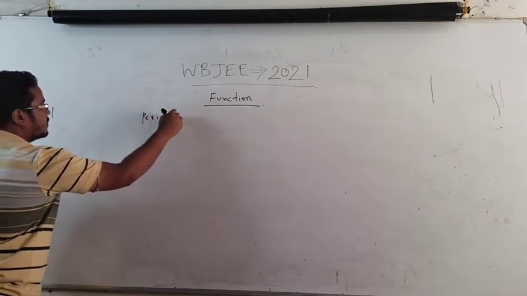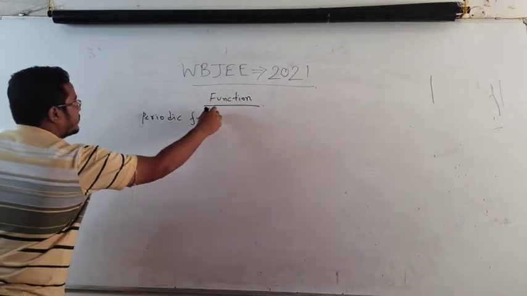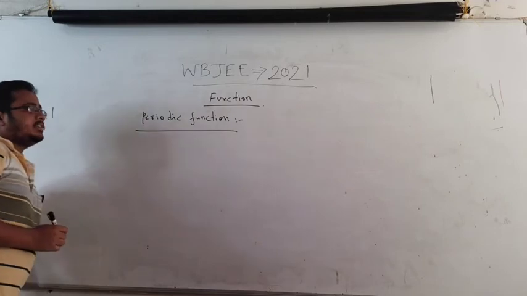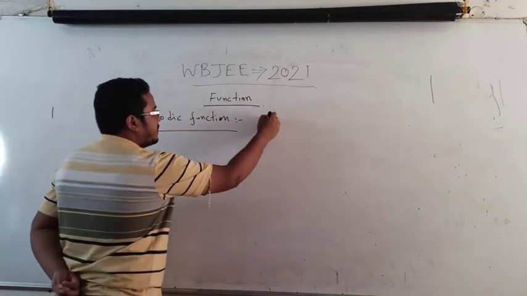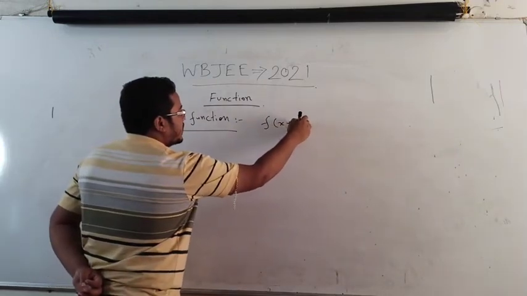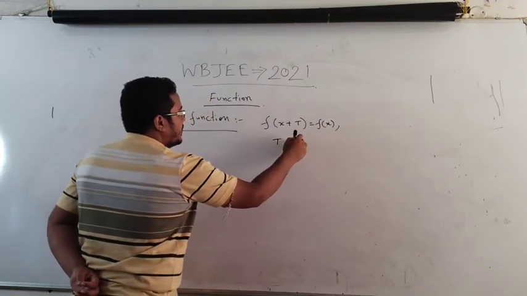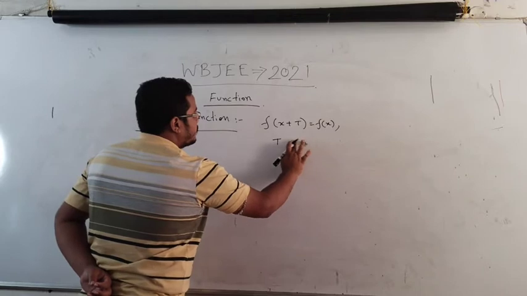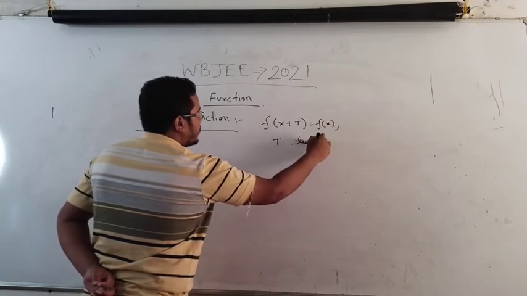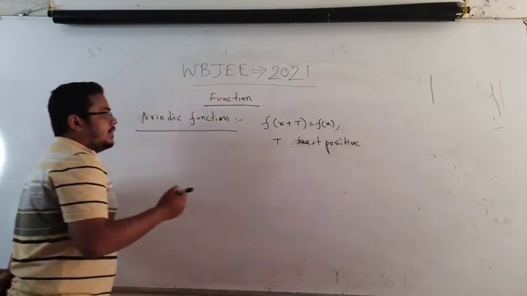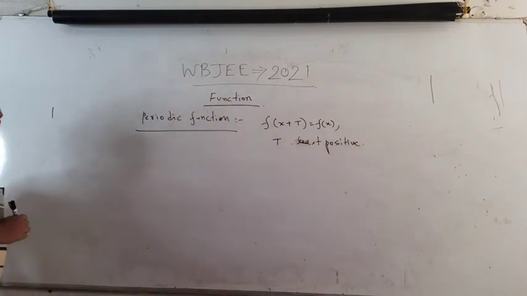What is a periodic function? A periodic function means that if a function f satisfies this property, that f(x + T) = f(x), where T should be the least positive number, then we can call f a periodic function.